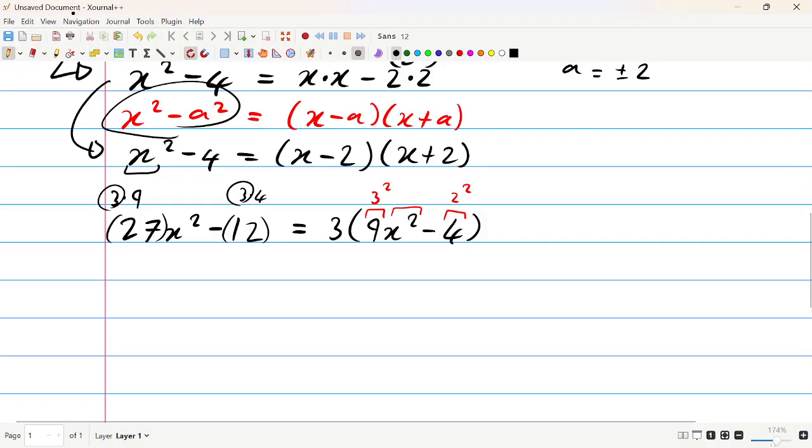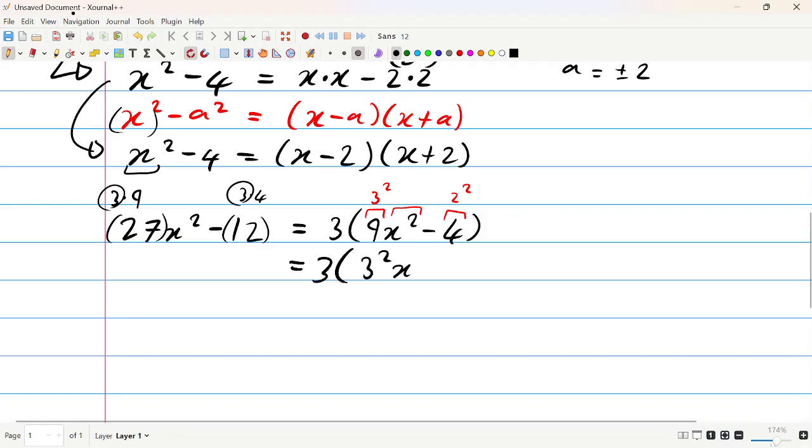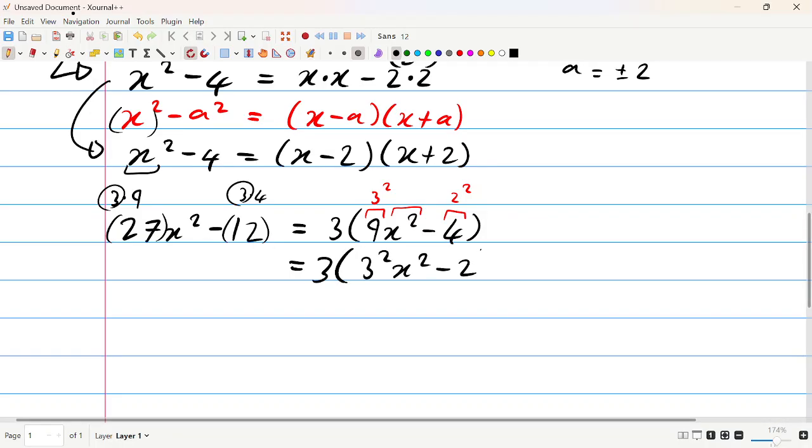We're going to use this rule, x squared minus a squared, where x squared can actually be represented by the following. So look here. Notice that we can write it as 3 multiplied by 3 squared x squared minus 2 squared. And I hope this would be easier to see. Now, if you remember from exponent laws, do you notice that the 2 is repeated in the exponents?